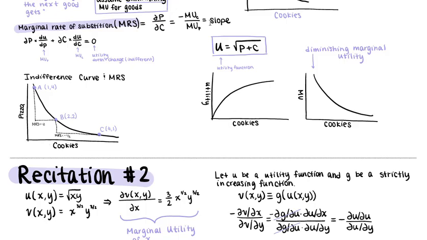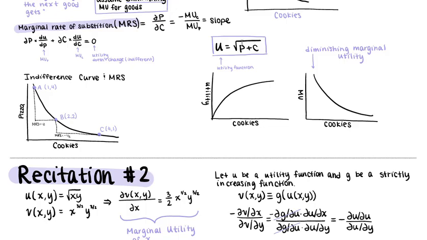So the slope is 2 because the marginal utility of pizza is 1 and the marginal utility of cookie is 2. So you are willing to give up 2 pizzas for one cookie. That's the same amount of utility.